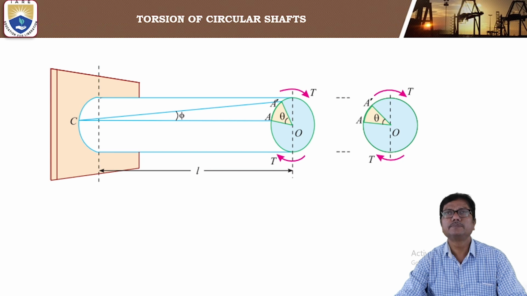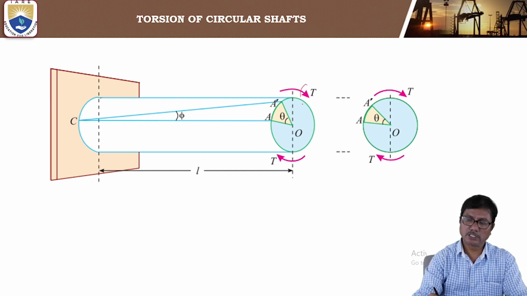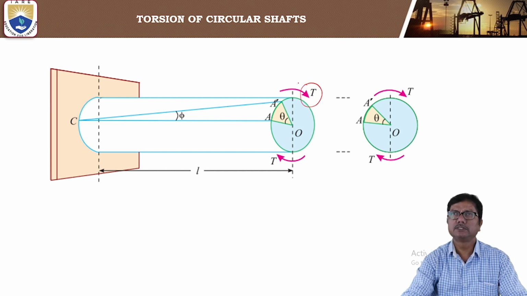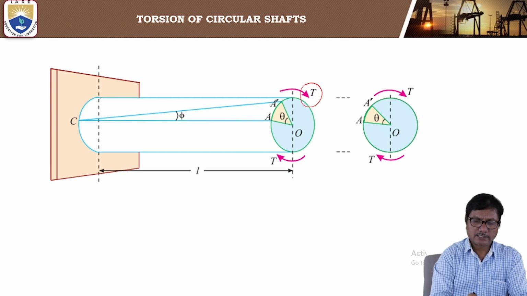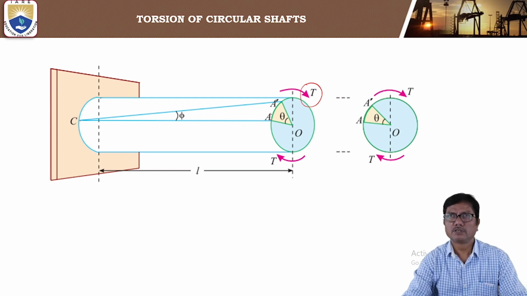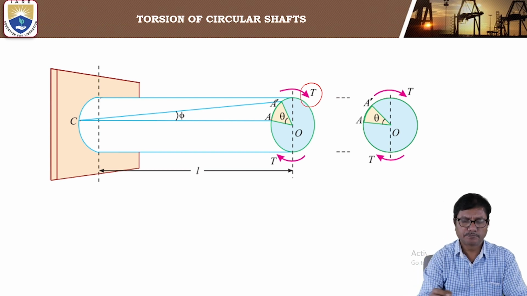Now consider a circular shaft which is fixed at one end and subjected to a twisting moment T at the other end. Consider a line CA before applying the torque.